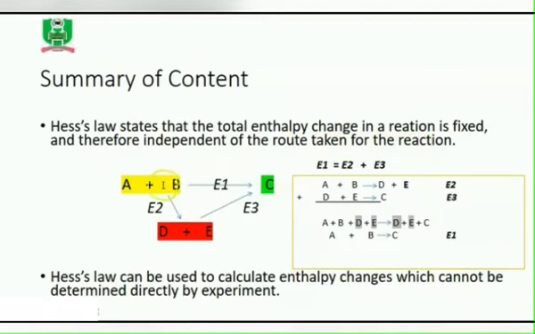In other words, if we have a reaction wherein A reacts with B to form C, and that reaction requires a certain amount of energy, let's call it E1, but then we can produce C alternatively from A and B, instead of going the direct route wherein we combine A and B and that gives C. If C can be produced alternatively from A and B, wherein A and B can react instead to form D and E, and then D and E be converted to C, what Hess is saying and proposing is that the energy involved in converting A and B directly to C is actually equivalent to the sum of the energies involved in producing C indirectly.